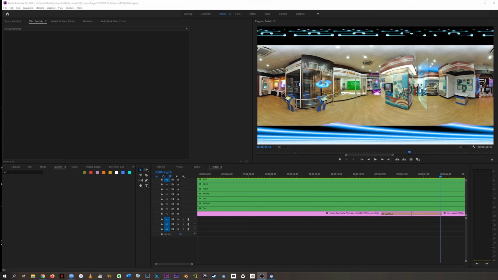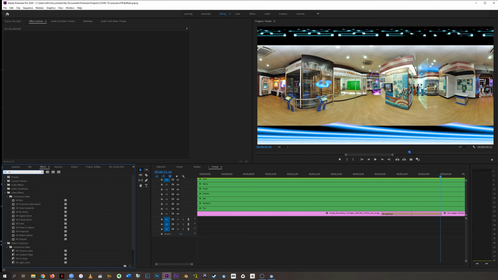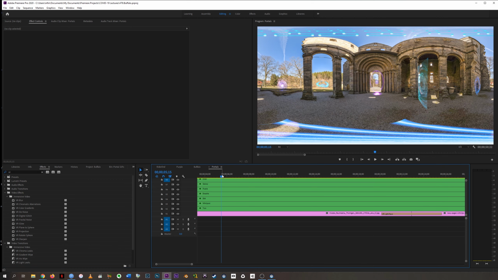I have a couple of miscellaneous Premiere 360 video tips that I need to make sure I told you about this week. If you have been keeping up, last week we made a Fantasyland Harry Potter Lord of the Rings portal zone out of this old architectural archway ruins.